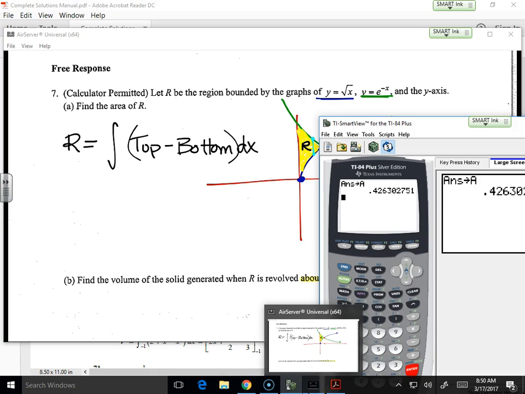You can say something like square root of x equals e to the negative x at x equals 0.42630 ... equals a. And what can I do with that a for the rest of this FRQ? They will understand. Use it.